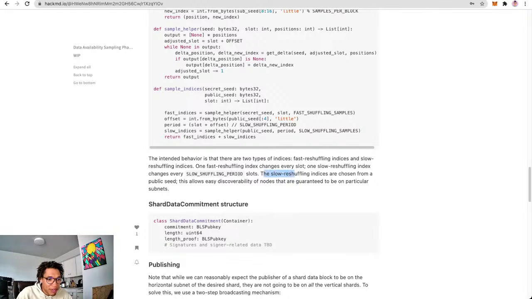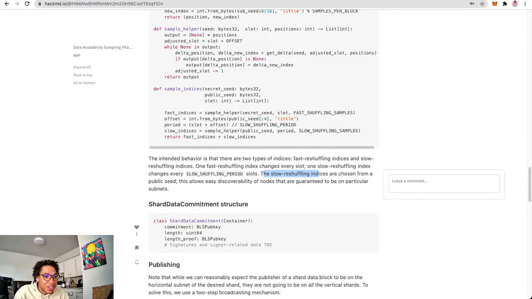The slow shuffling indices are chosen from a public seed. This allows easy discoverability of nodes that are guaranteed to be on particular subnets. Okay.